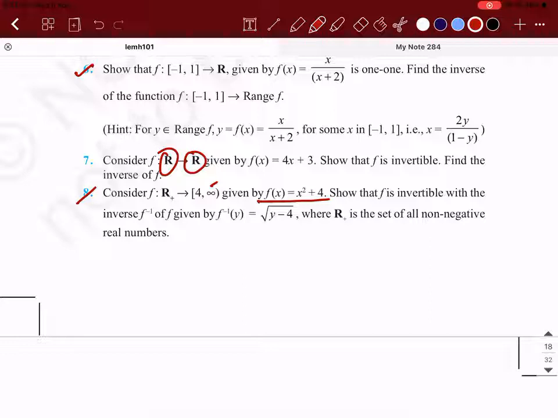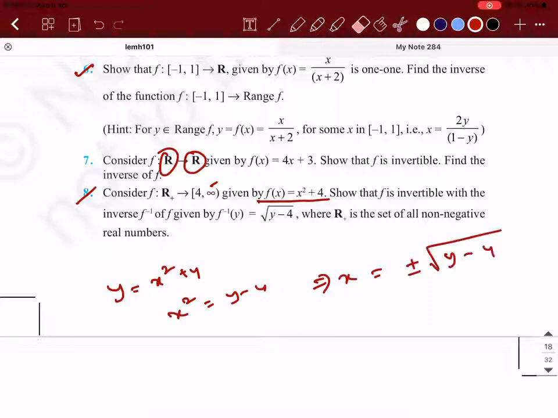What about onto? So y is equal to x square plus 4. x square is equal to y minus 4, which implies x is, generally what do we tend to do, plus or minus root of y minus 4.